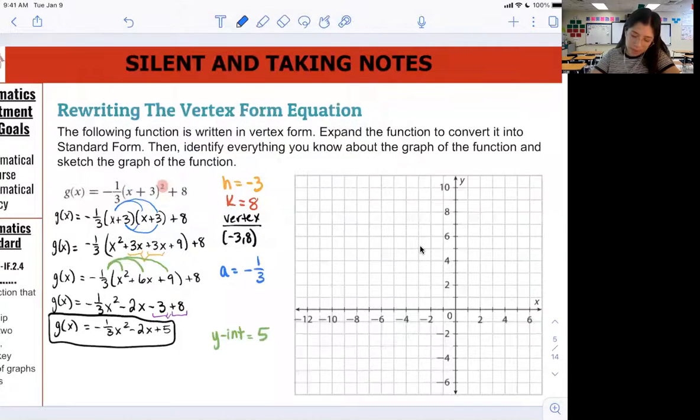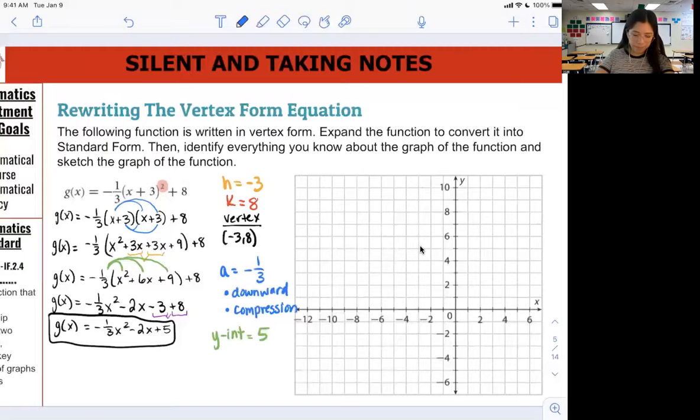Because it's negative, so it faces down. And how do you know it's compressed? The fraction. The fraction makes it wider, and the negative symbol makes it face down. Those are two separate things going on. And the y-intercept is 5, and I think that's everything, right?